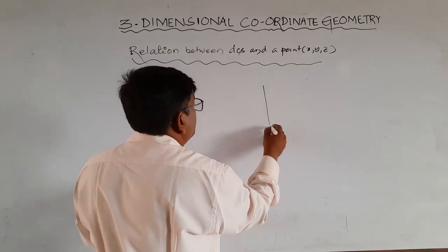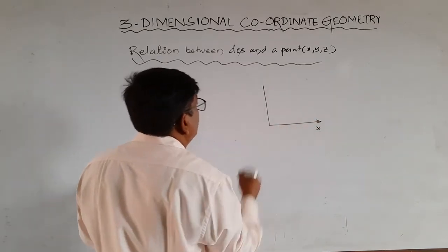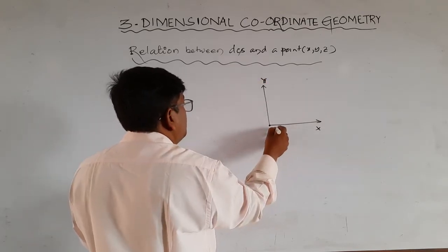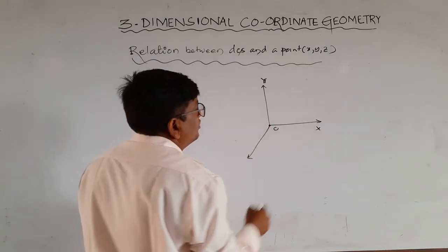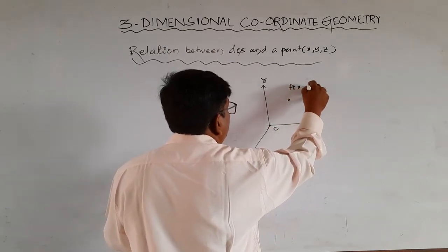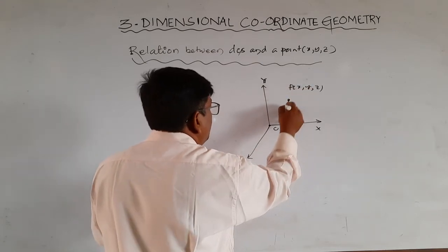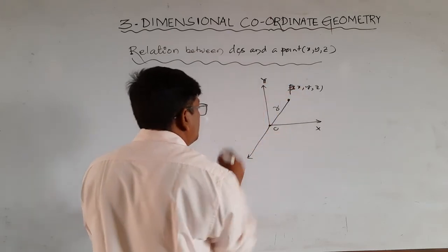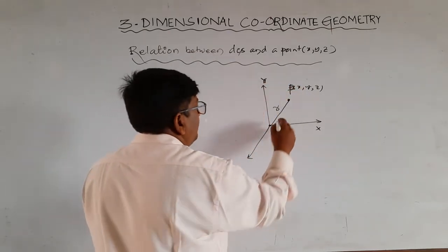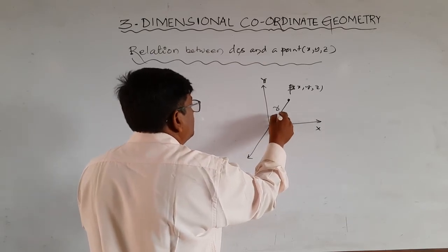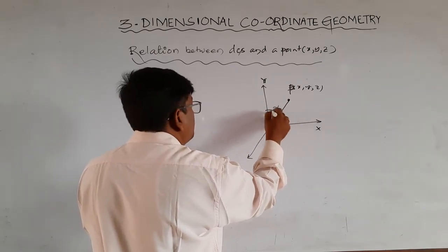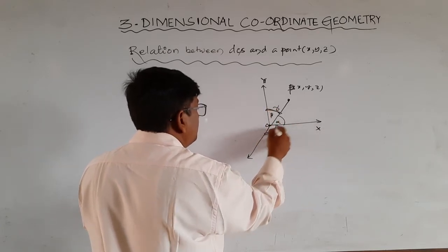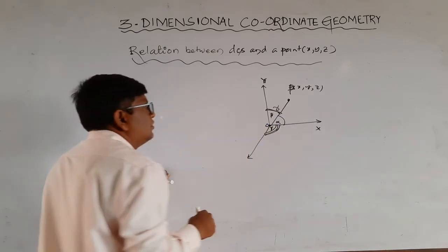Suppose this is our 3-dimensional coordinate system, this is y, this is origin, and this is z axis. Suppose any point here P of x, y, z, and the length is suppose r. This point is P, so this length is r. The line makes alpha degree with x axis, beta with y axis, and gamma with z axis.